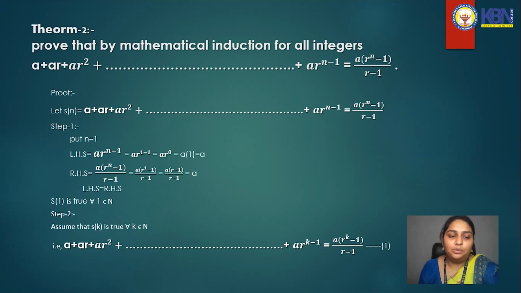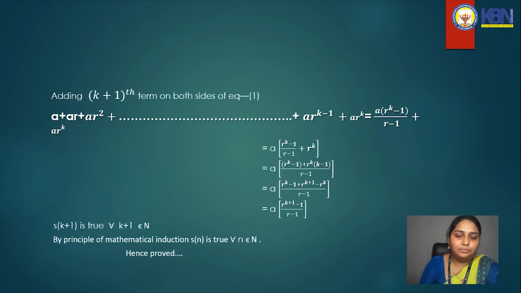Now in step 2, we have to assume that the given condition is true for k belongs to N. That is, a plus a into r plus a r square and so on, a r power k minus 1, equals a into r power k minus 1 by r minus 1. Let it be equation 1 for the next purpose.